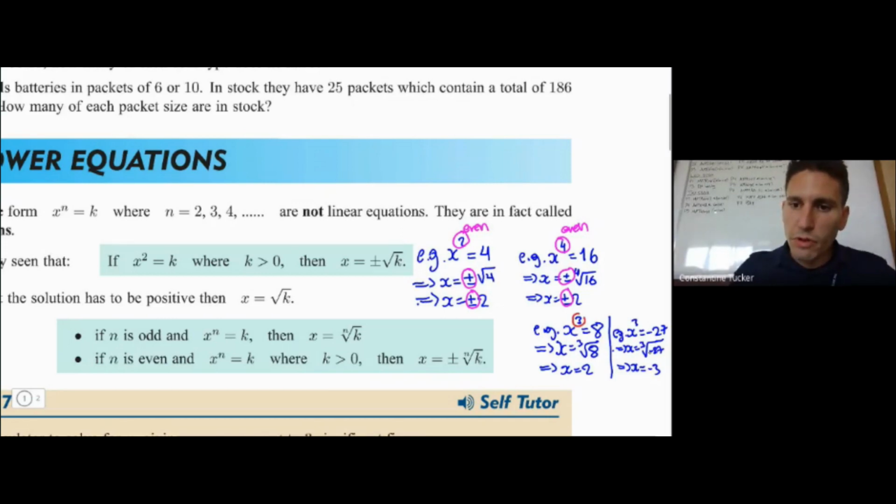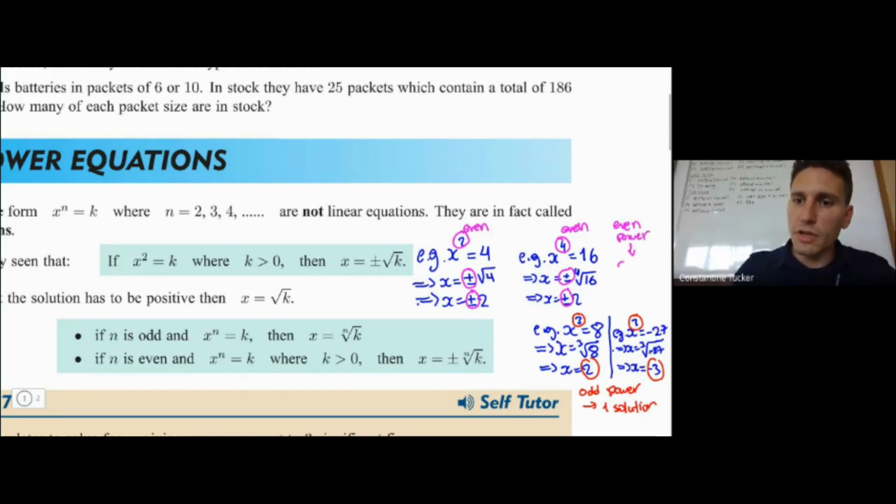So notice what we've got here. An odd power means you only have one solution. Whereas the other case we saw, if you have an even power, then you have two solutions.